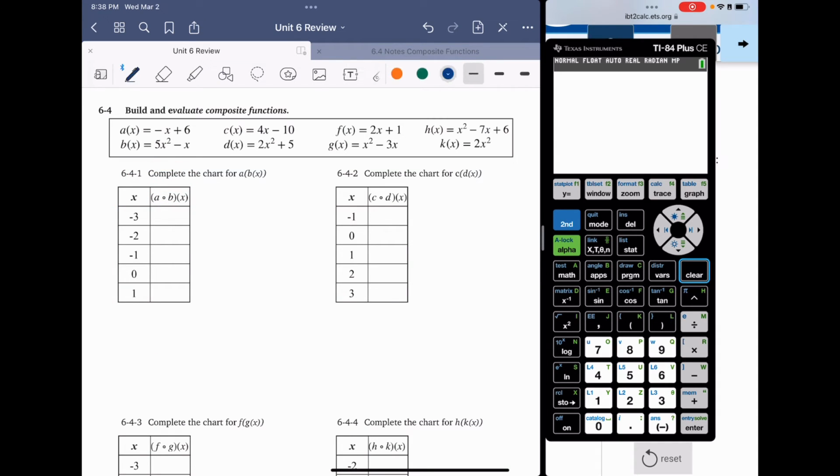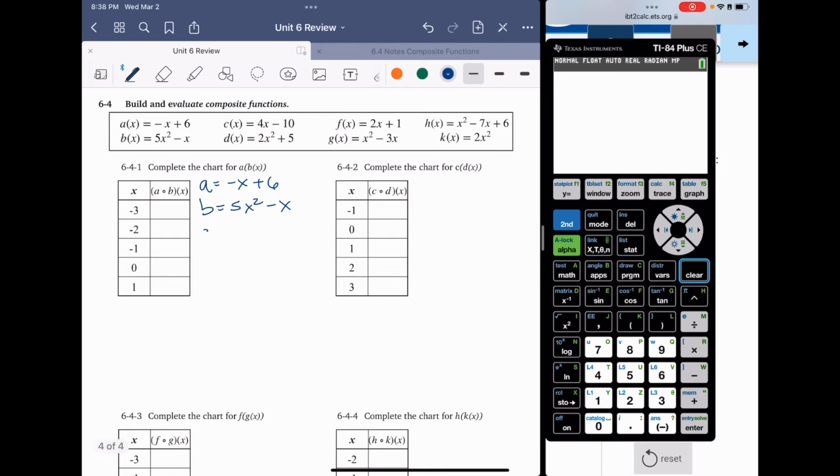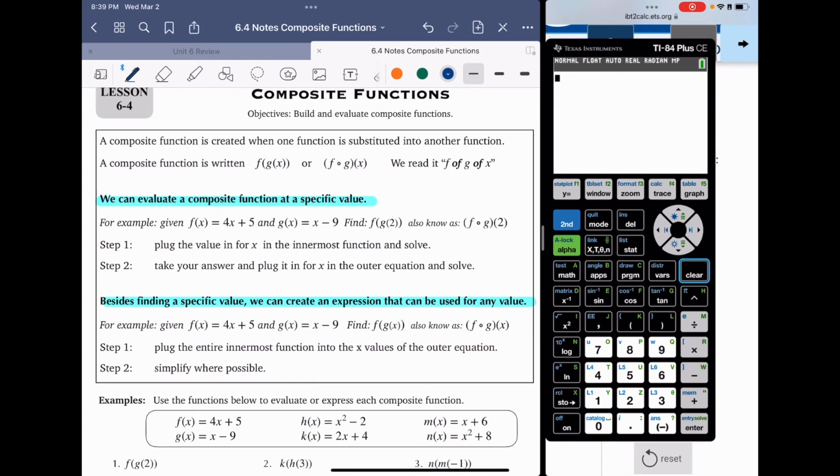All right, so a is negative x plus 6, and b equals 5x squared minus x. So if we want to evaluate at a specific value, for example negative 3, so if we wanted to find a of b of negative 3, according to our notes, our step 1 is to plug the x value in for the innermost function and solve.